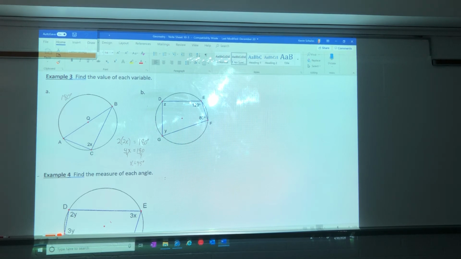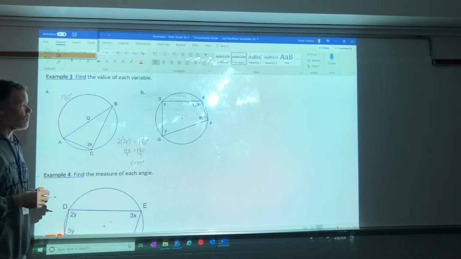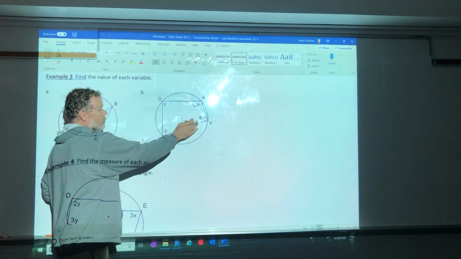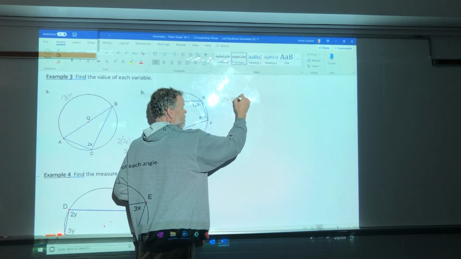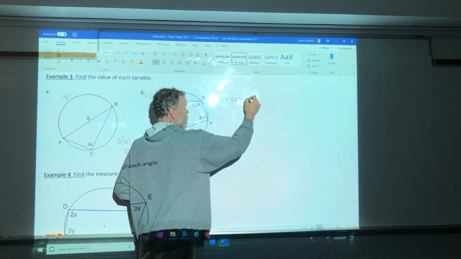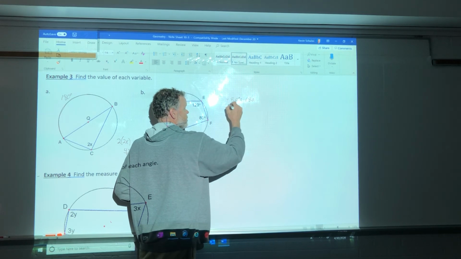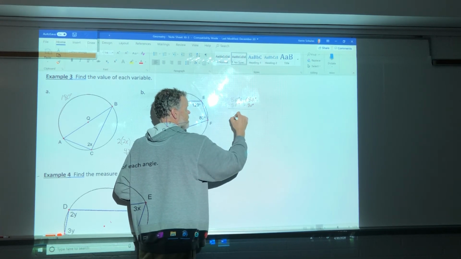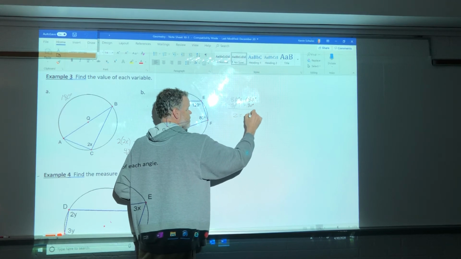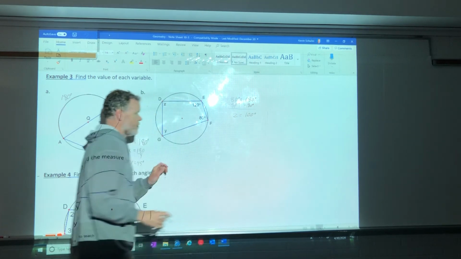You have a quadrilateral inscribed inside a circle. So the opposite angles are going to be supplementary. So Z plus 80 is going to equal 180 degrees. In this case, Z is going to end up equaling 100 degrees.